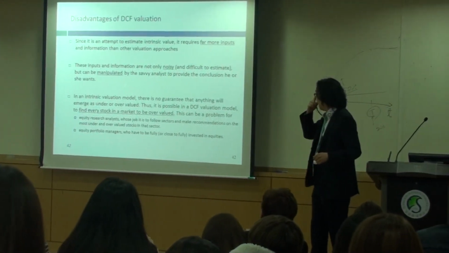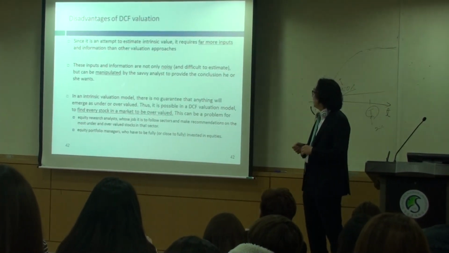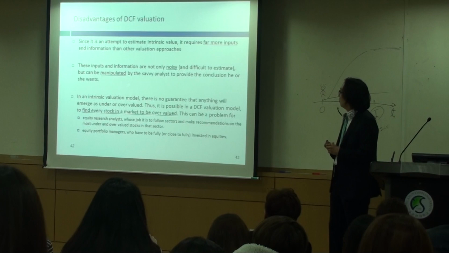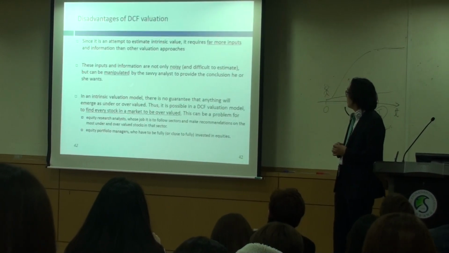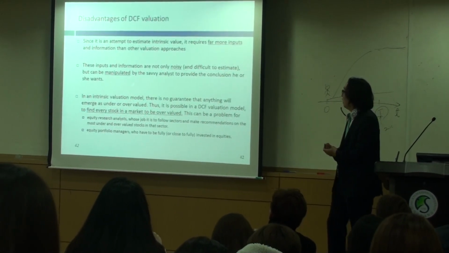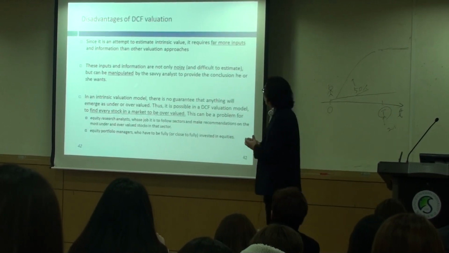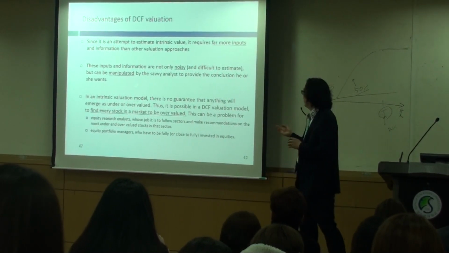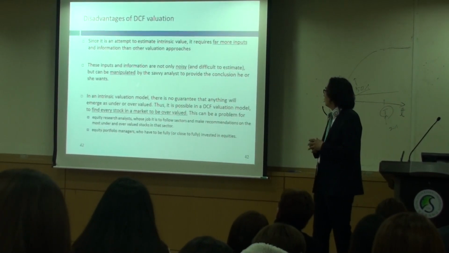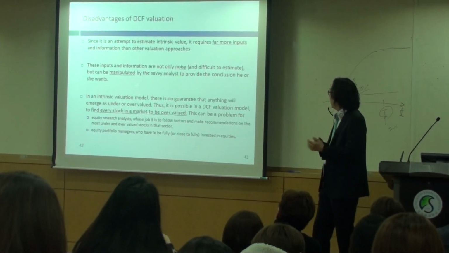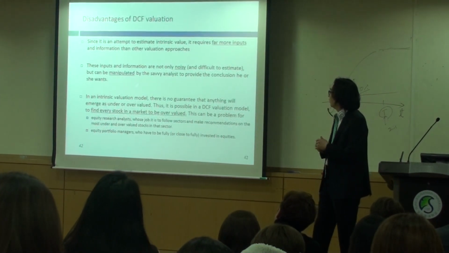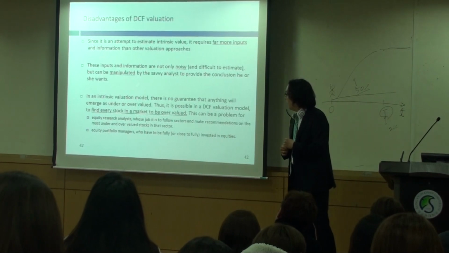In an intrinsic valuation model, there is no guarantee that anything will emerge as under or overvalued. Thus it is possible in a DCF valuation model to find any stock in a market to be overvalued. This can be a problem for equity analysts whose job is to follow sectors and make recommendations on the most under or overvalued stocks in that sector.